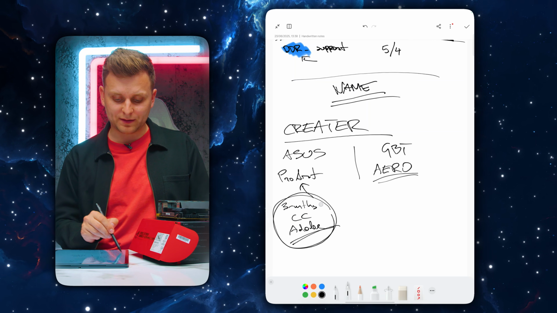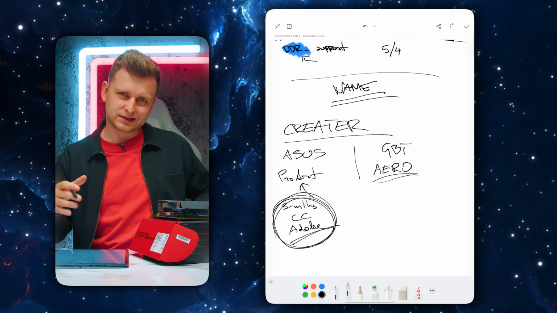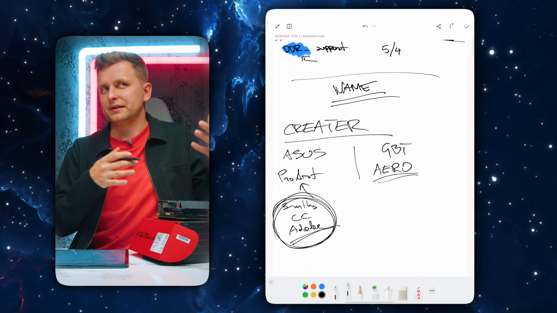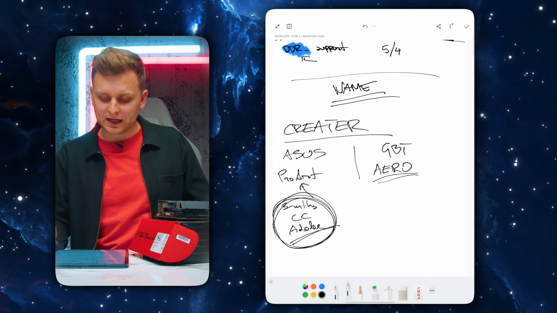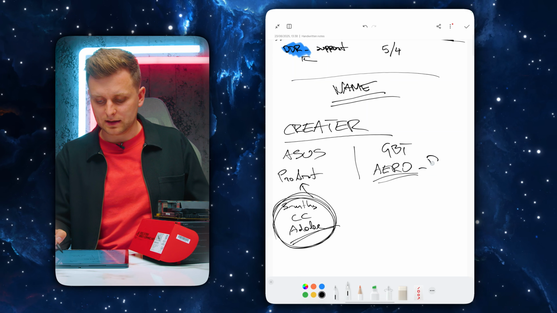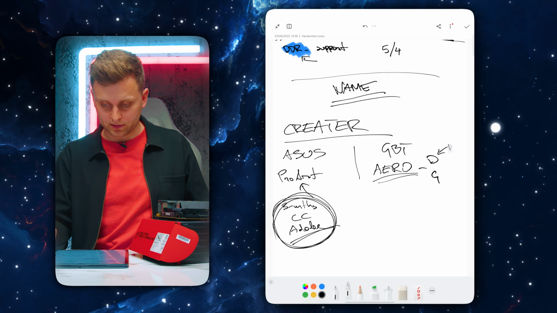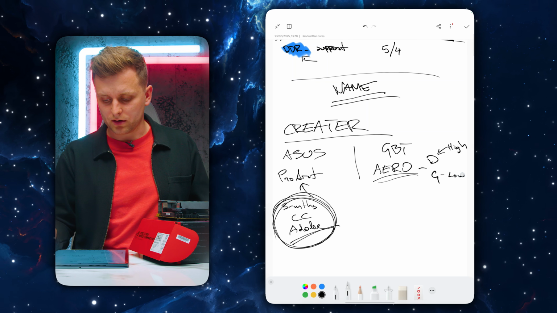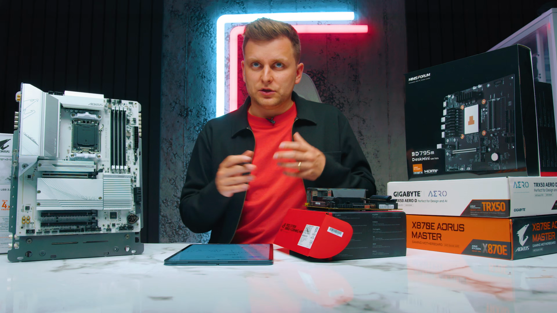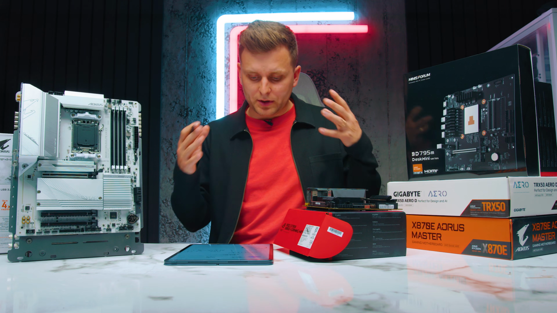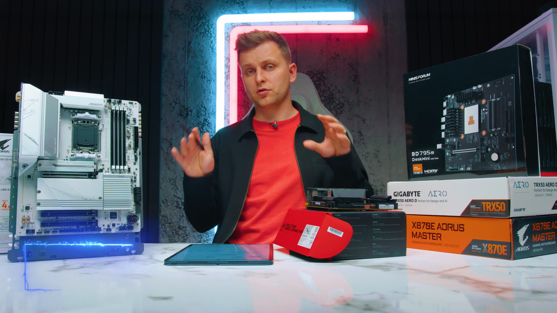So if you're already paying for this, it makes the pricing of that creator motherboard a lot lower, and it has some cool features, like often 10 gigabit Ethernet and some of the other things that you might need for a creator. On Gigabyte, you have Aero D and then G, different options. D is the higher one, and G is a little bit lower option of the Aero motherboard. Unfortunately, Gigabyte doesn't give you any free software or boosts when going with that one, but Asus does. So if you're a creator, go check them out.